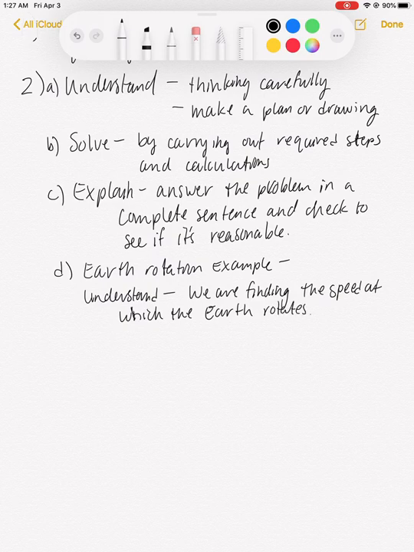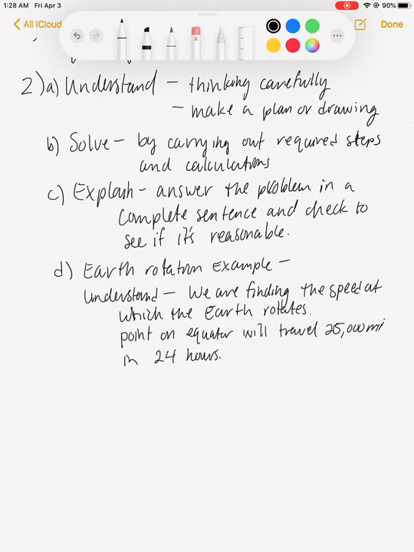And we have some things to help us. The point on the equator will travel 25,000 miles in 24 hours.